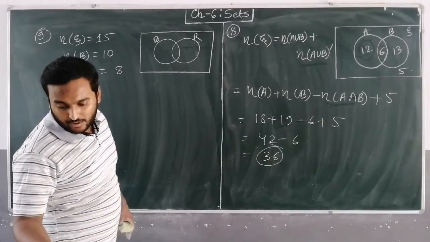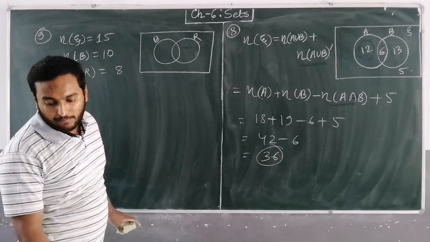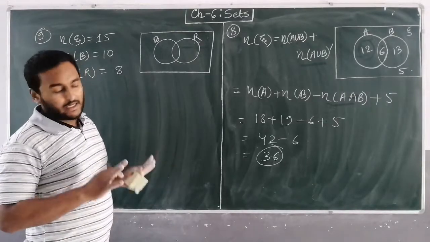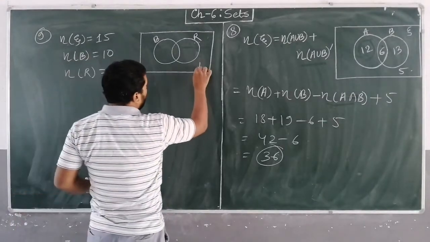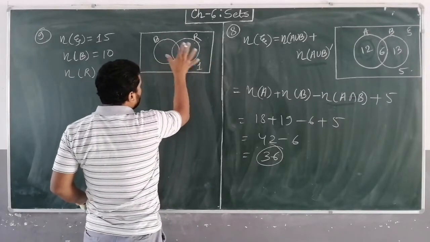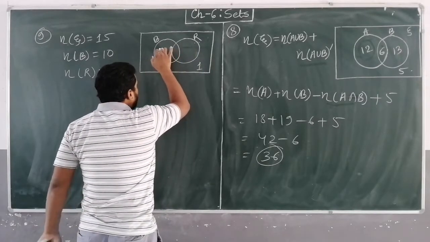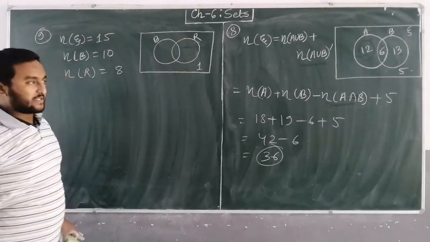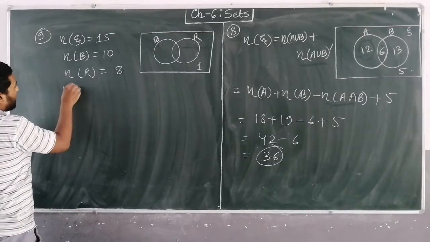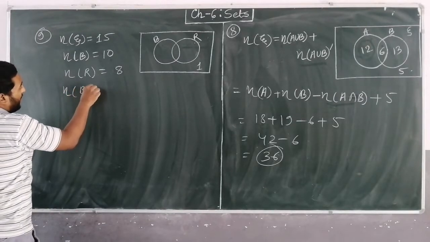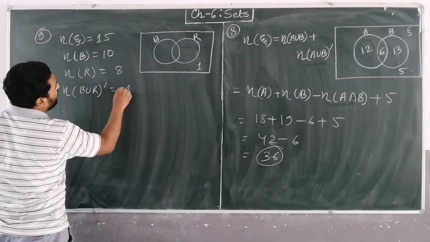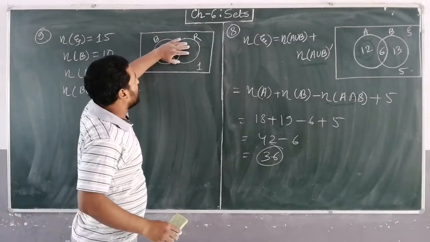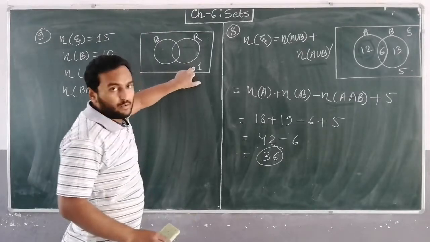It is told that one girl did not buy anything, which means one girl will be outside these two sets, because she is buying neither bangles nor ribbons. So complement of B union R equals 1, because the union part is this one, and outside it only one girl is there.